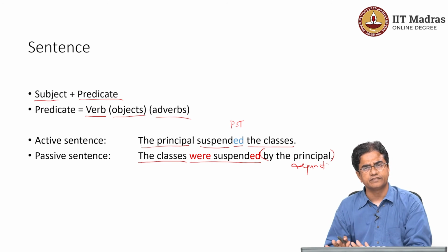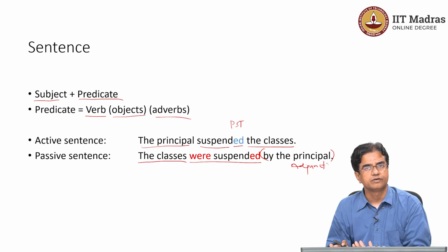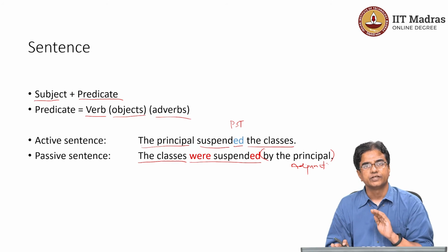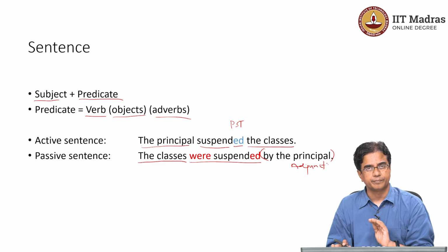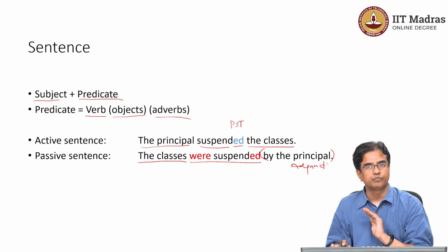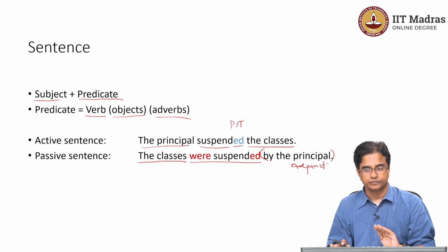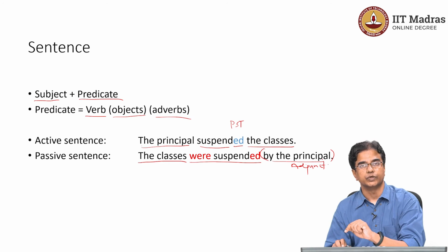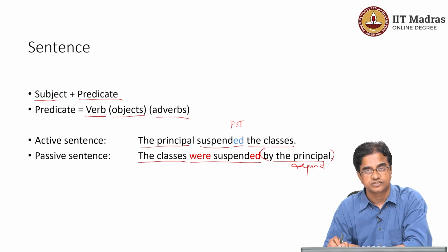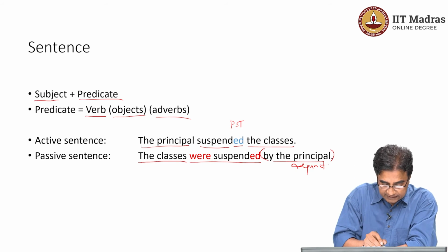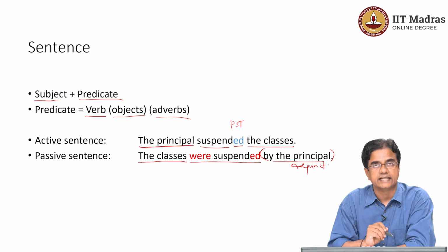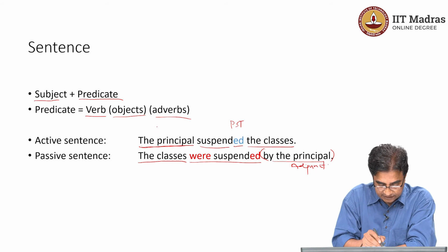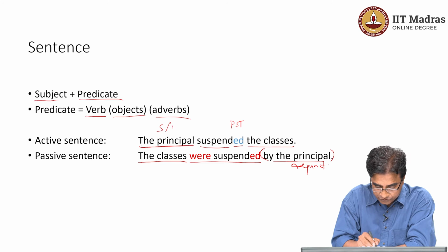We can put it at the end of the sentence for additional information, but it's not really needed, because the entire purpose of a passive sentence is to remove focus from the doer. This simply helps you understand, even as an adjunct, that this is the doer. So this happens to be the agent. In the active sentence, the principal is the agent. The subject, this is the subject, and this is also the agent.